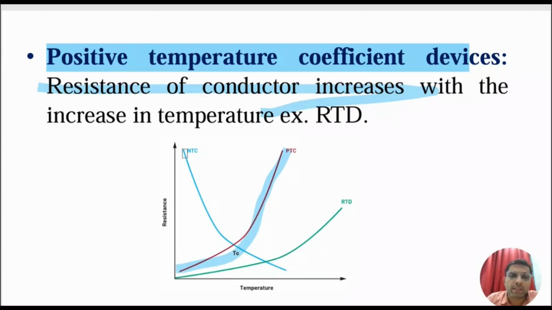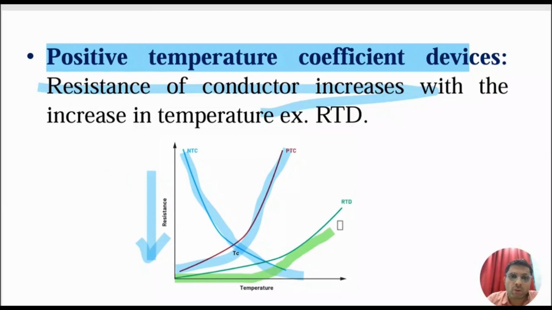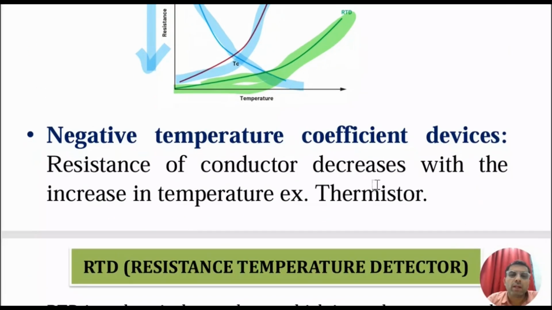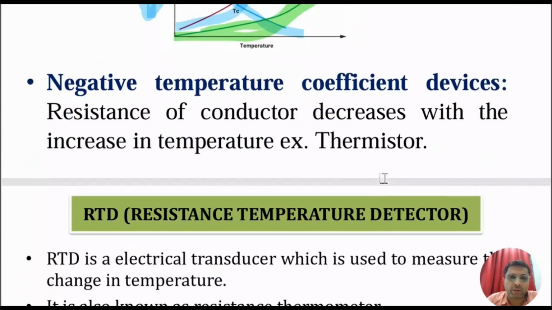In those devices, as the temperature increases, the resistance decreases. And the RTD, resistance temperature detector, will follow the positive temperature coefficient. Okay, and this is all about positive and negative temperature coefficient devices.